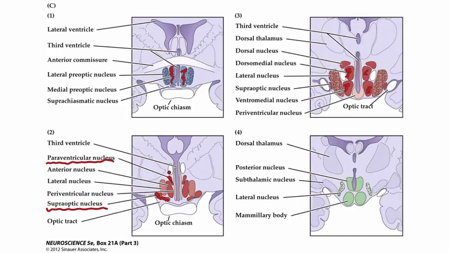Okay, so the periventricular zone is where we find our neurons that are engaging the anterior part of the pituitary, and then in this more medial zone, that's where we find the supraoptic and paraventricular nucleus that are releasing hormones into the posterior pituitary.